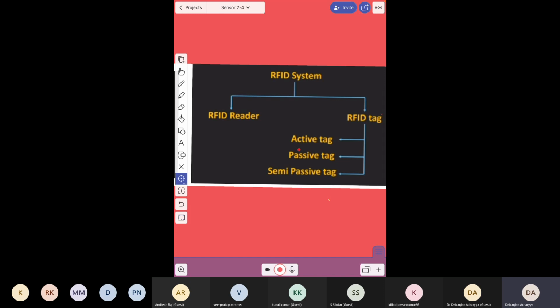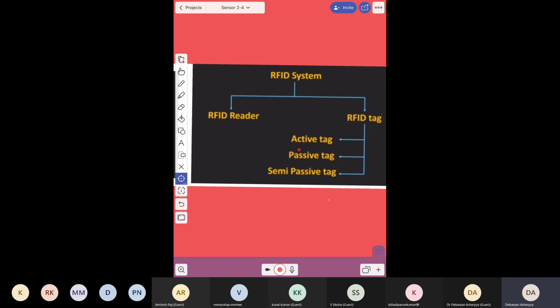For example, if you have visited some electronics store, they use an RFID tag with their electronic items. If some thieves are trying to take that item and keep it in their pocket, there you have seen there are two vertical structures at the gate, which will automatically detect it, and that need not be in the line of sight.